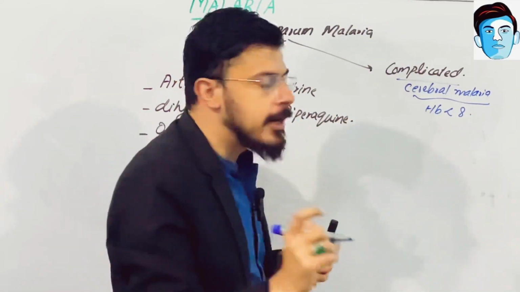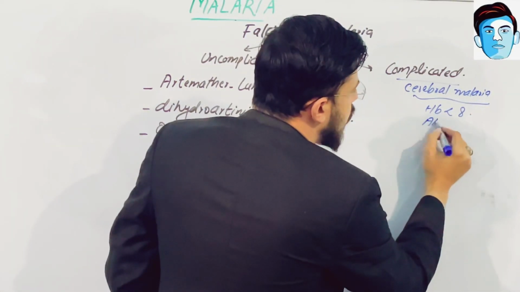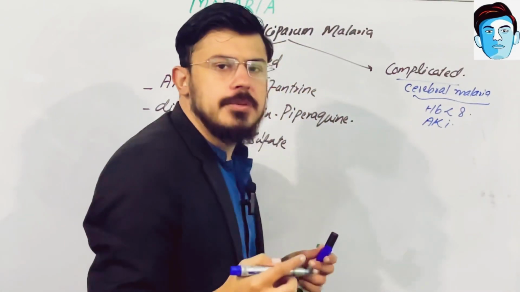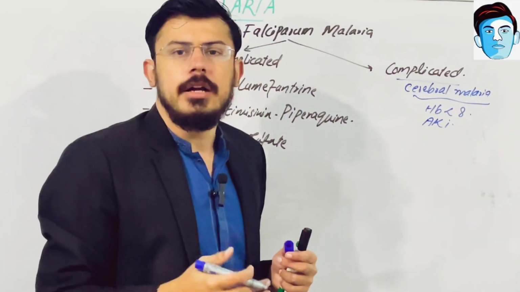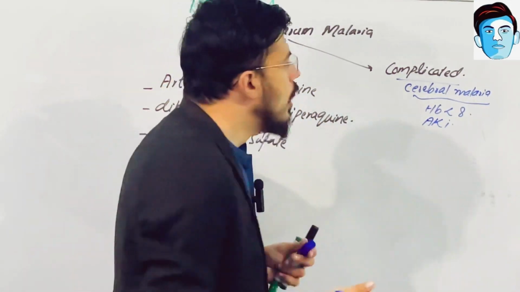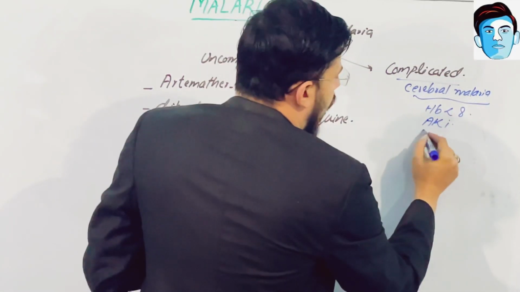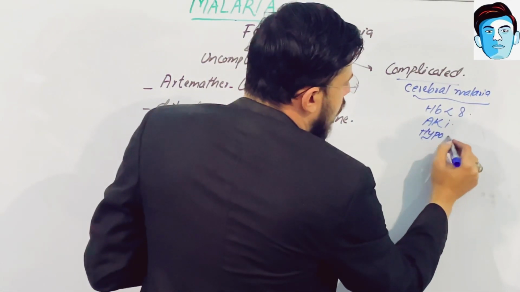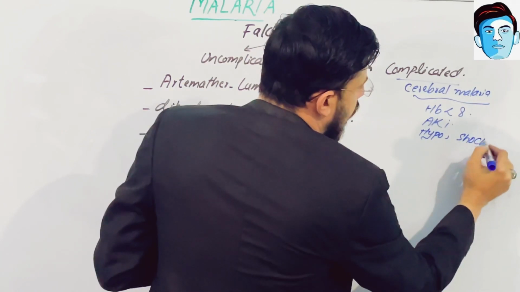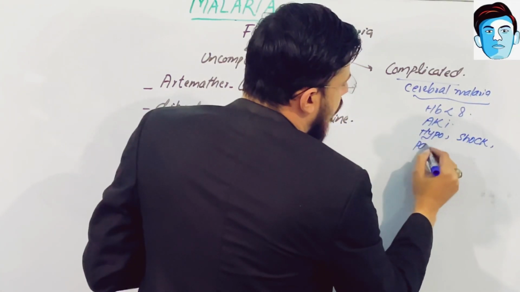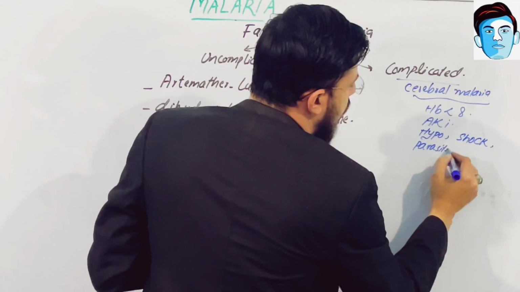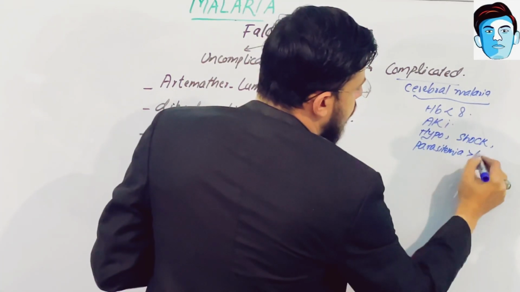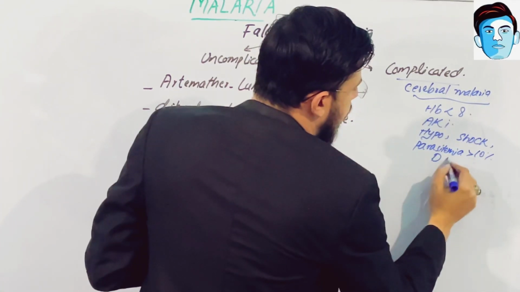There might be acute kidney injury, where the hemoglobin is broken down and gets stuck in the kidney and forms hemoglobinuria. There might be hypoglycemia, shock, and parasitemia that is more than 10%, and there might be DIC.